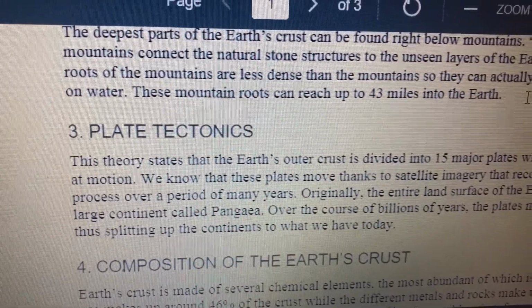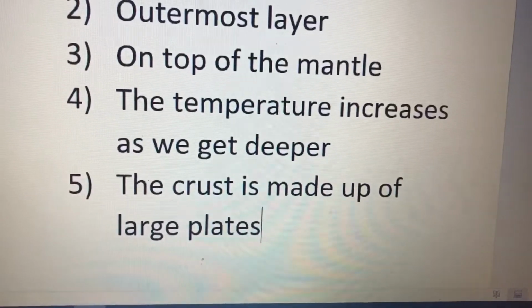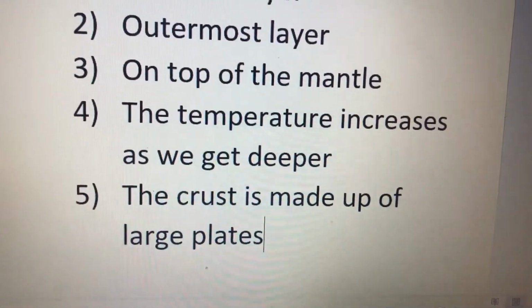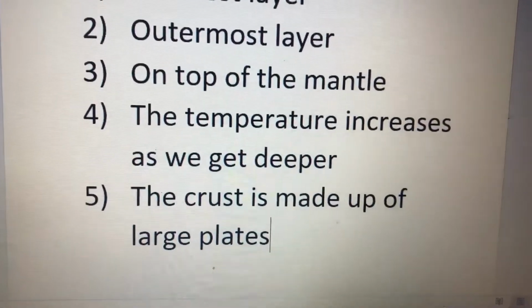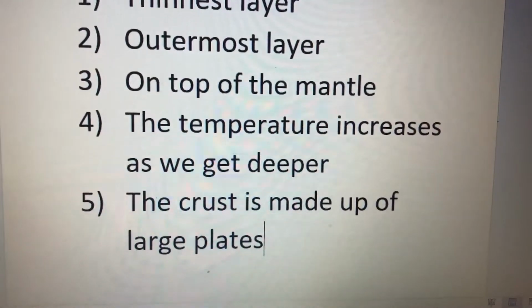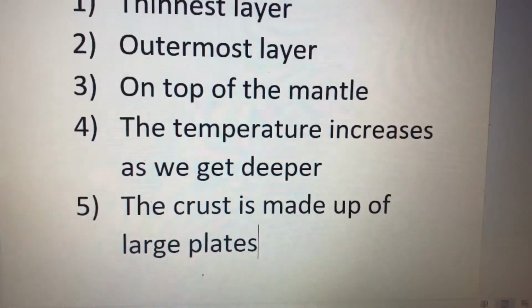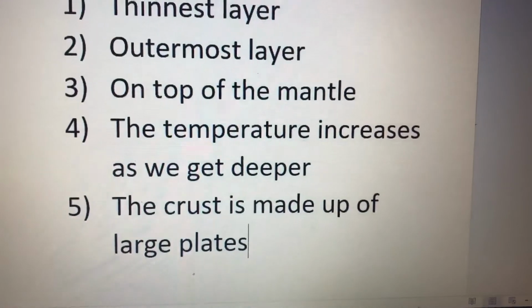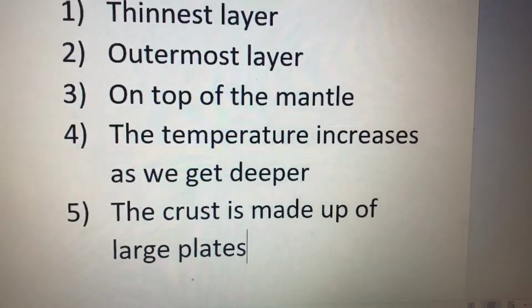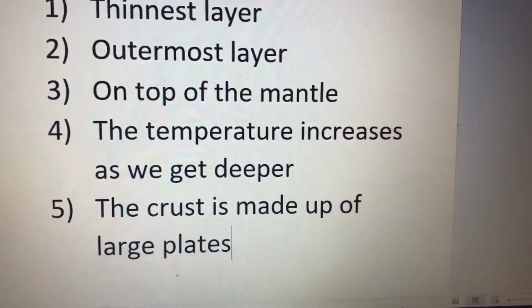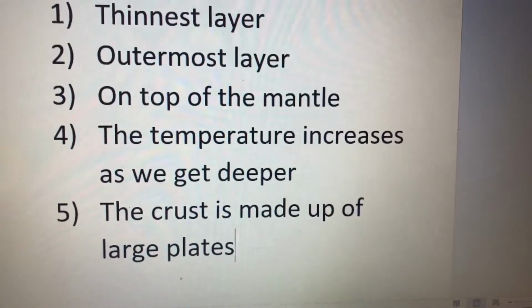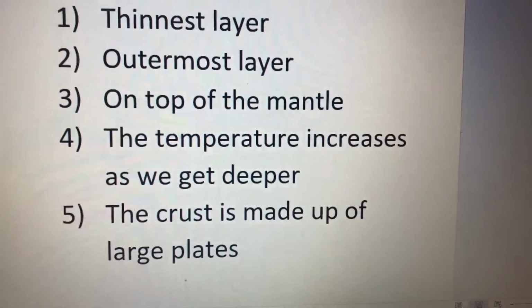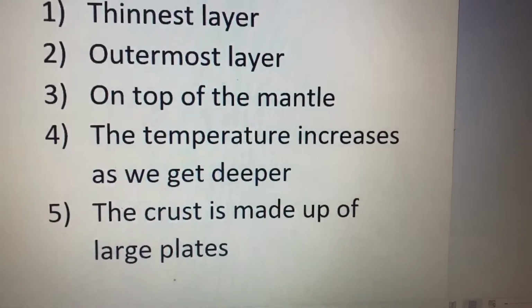The way that I wrote it is that the crust is made up of large plates, okay? So let's not think of plates as dishes. Let's just think of big pieces. So the crust is made up of big pieces. And I'm not going to tell you much about that one because our next lesson is going to be really digging deeper into these big pieces.